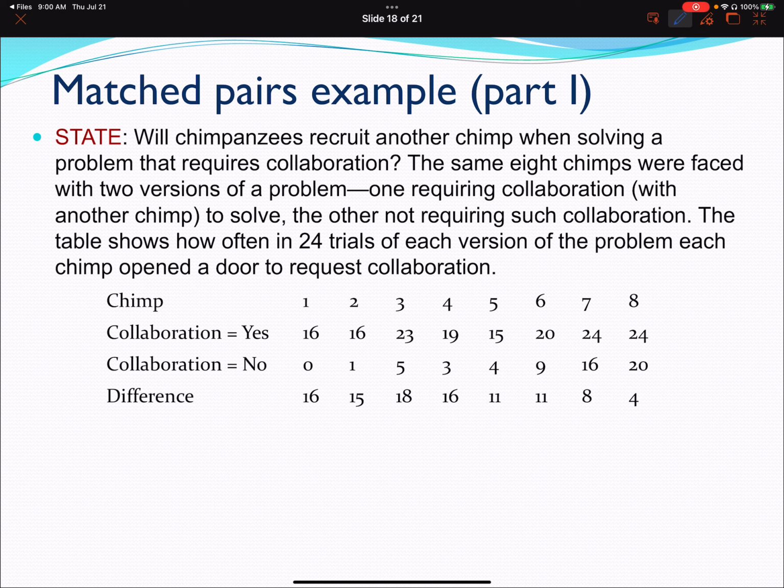The table shows how often, in 24 trials of each version of the problem, each chimp opened a door to request collaboration. Chimp 1: 16 collaborations, 0 no collaborations. So we found the difference in the number of times they collaborated.